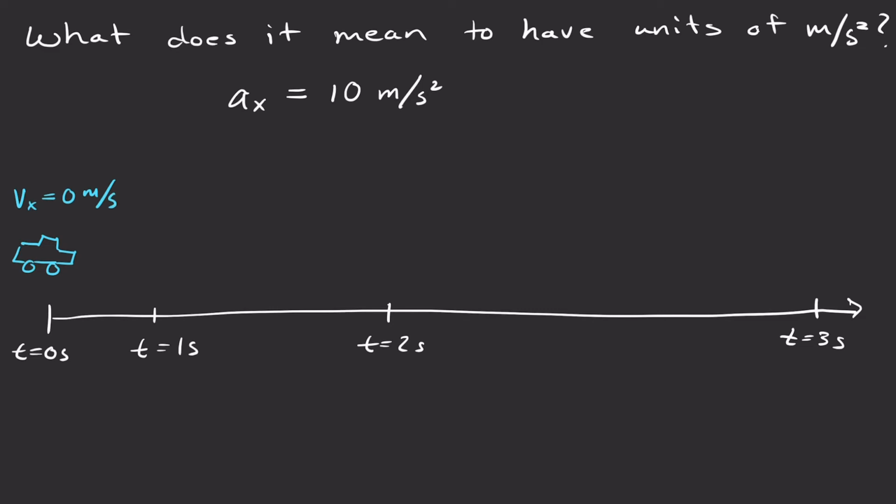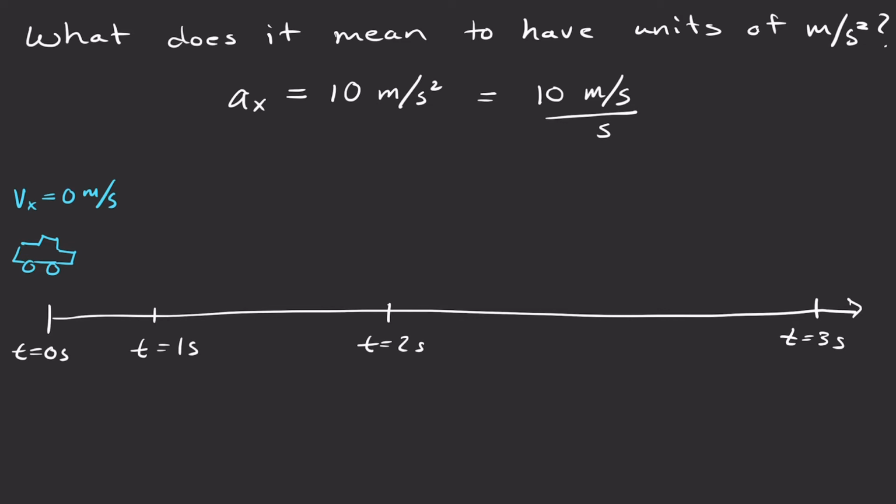Okay, how do we figure out how fast it's going after 1 second? Well, it's convenient to write this as 10 meters per second per second. So this means if it's accelerating at 10 meters per second squared, its velocity is going to change by 10 meters per second every single second.